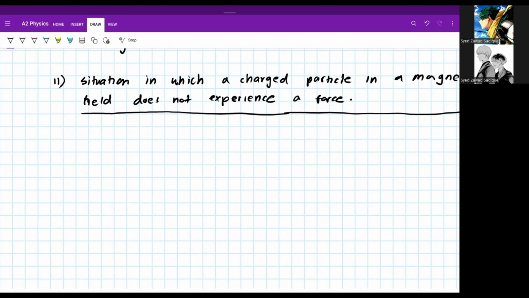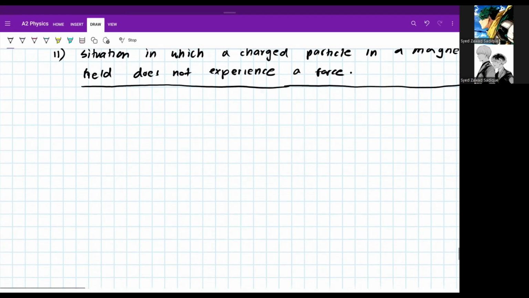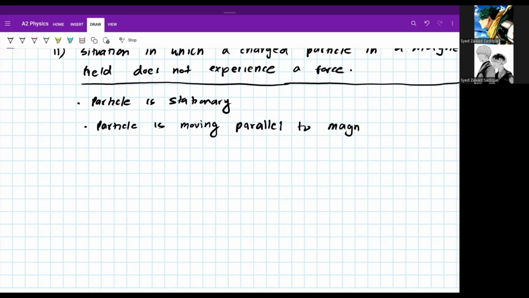Okay, so there are 2 bullet points: where a particle is stationary or particle is moving parallel to magnetic field.